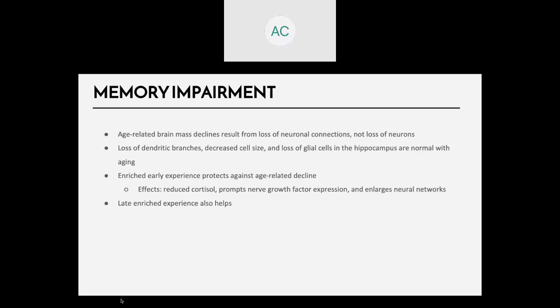But just as it's important to stay stimulated when you're very young, it's also important when you're very old. So I always hear, read books when you're old and do puzzles and do things that are stimulating, because they actually protect against memory impairment. So that's all of the slides that I have for this, surprisingly.